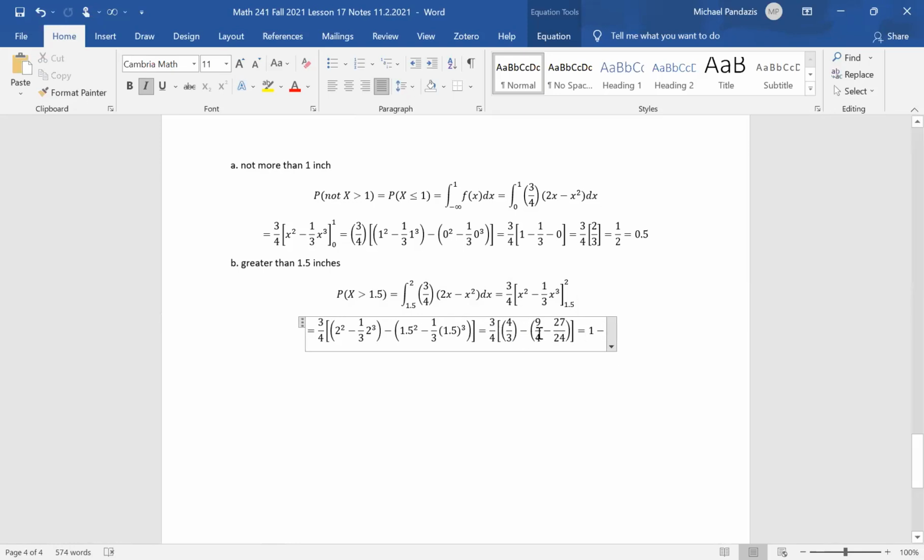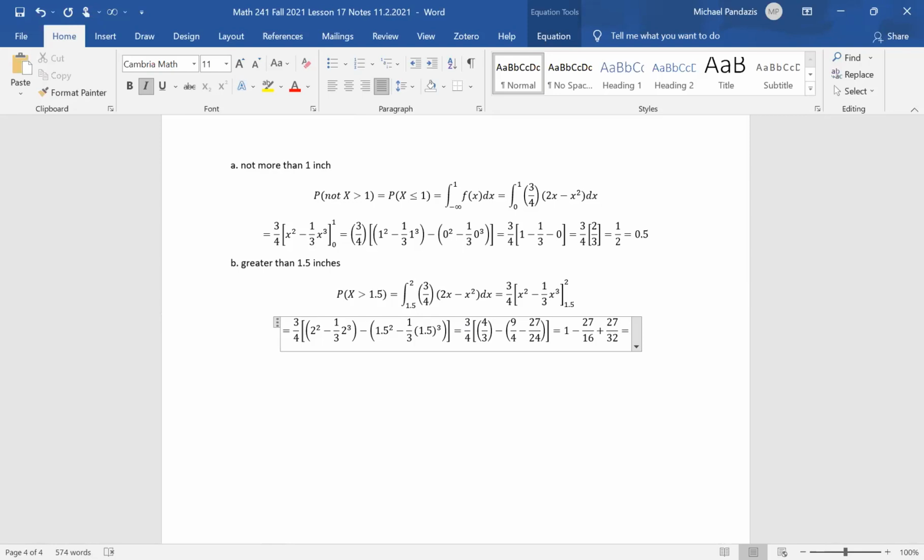So 3/4 times 9/4 is 27/16. You have 27/16. But then minus is a plus. So you have 3/4 times positive 27/24. And so then that's 8 in the denominator. So you have 27/32. This is however way you'd want to calculate this.